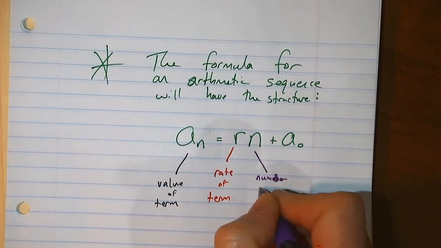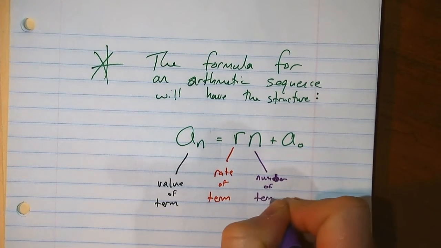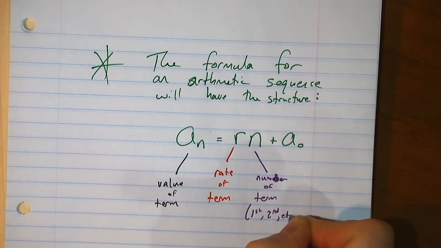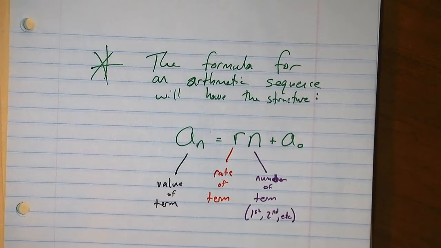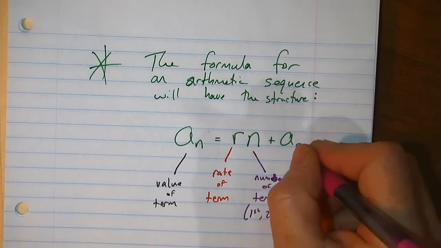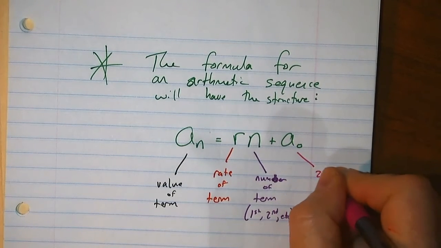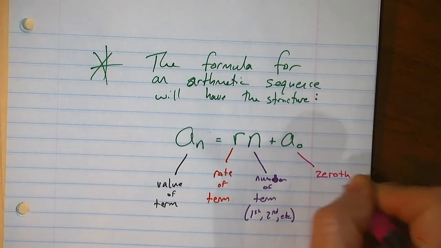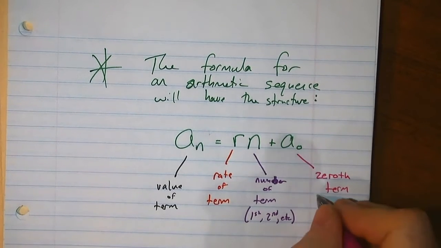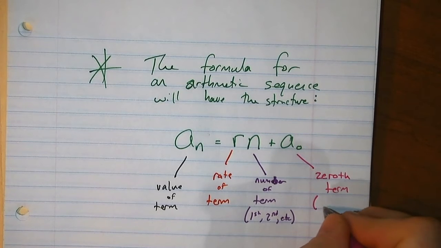Sorry, I can't spell number. And then last but not least, this would be the 0th term, okay? Term number 0, which is what you get when you plug in 0.